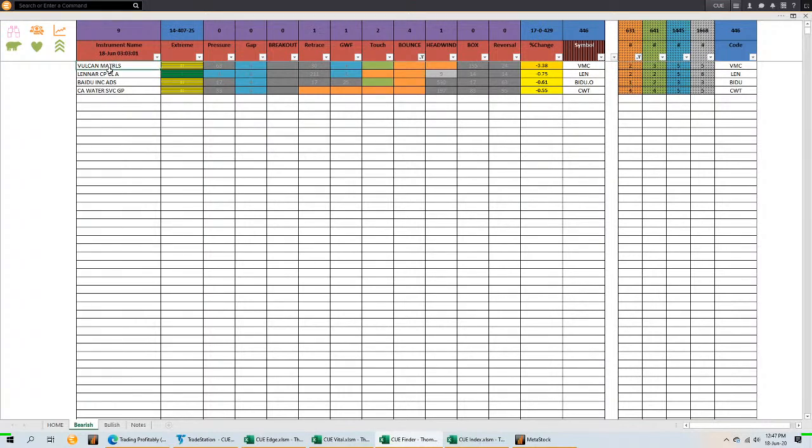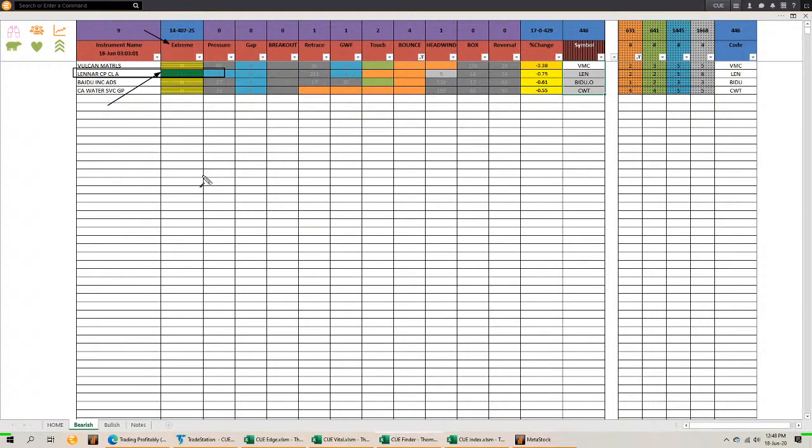I saw 4 stocks. These are their symbols: VMC, LEN, Baidu, and CWT. Out of that, Lennar came to my attention. Why? Because this is at price extreme high. I like to short at the very top, and using Q systems I am able to do that.